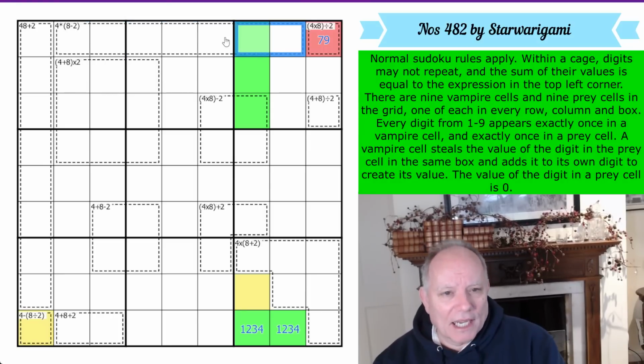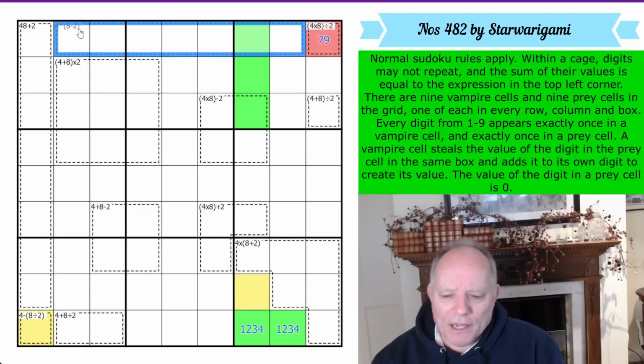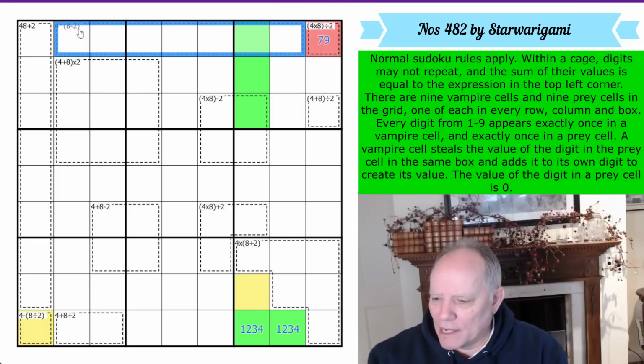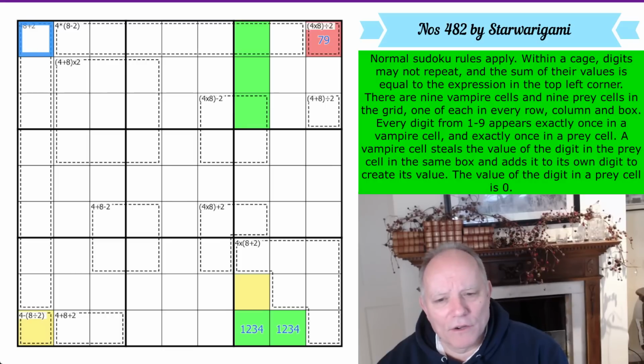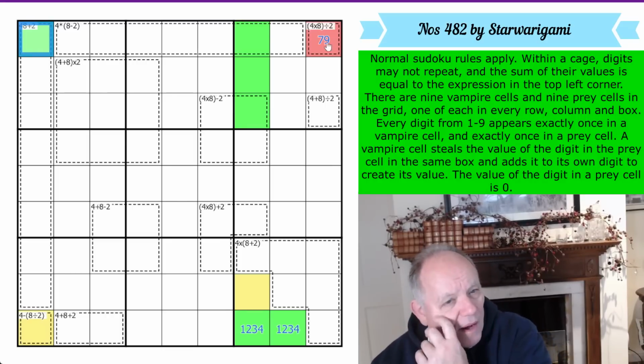So the digits in here would add up to 28 minimum, and we can then remove the digits that add up to the vampire cell in the box where the prey cell appears. No, well, yeah, we can remove the digits in the prey cell that appears in this row. And we're still getting to 24. So that is 6 quite low digits and another one in a prey cell. This is now not prey or vampire.